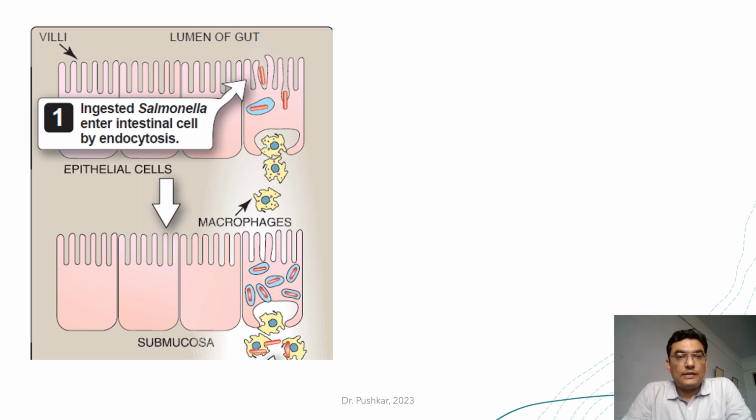And here we can see that the ingested salmonella is entering by endocytosis. And here are our first line of defense, macrophages and dendritic cells also. These are present in the submucosa and they phagocytose the salmonella bacteria. And what happens then?